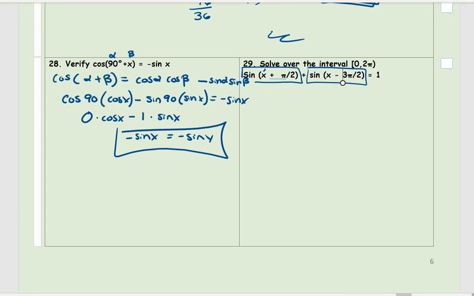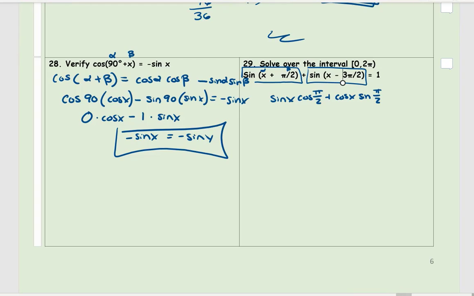So we're going to call this alpha, we're going to call this beta, and we're going to do the same thing over here. So sine of x plus pi over 2, we're going to expand it to be sine of x cosine of pi over 2, and that's going to be plus cosine of x sine of pi over 2.